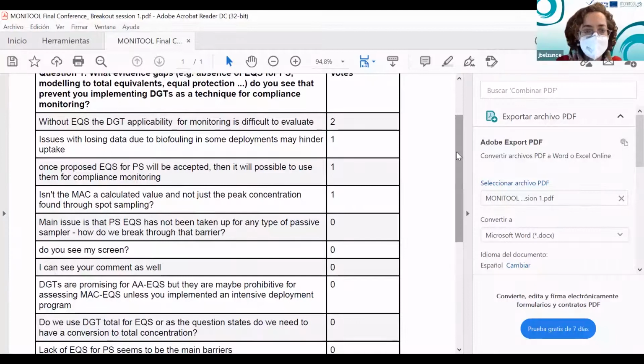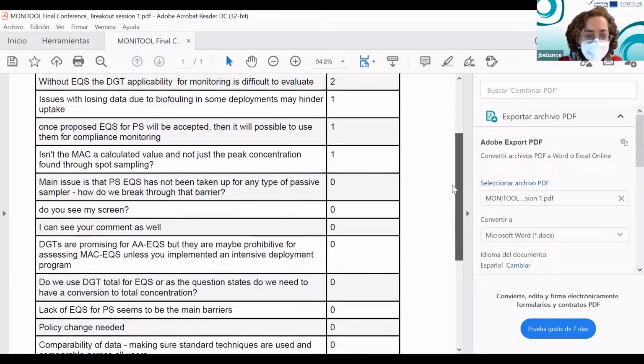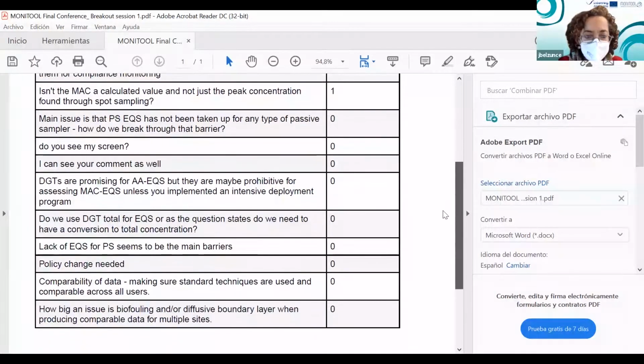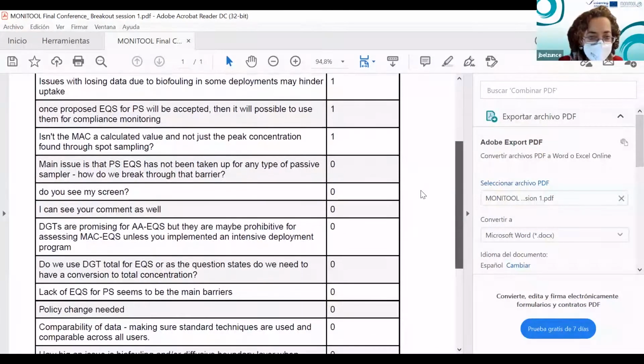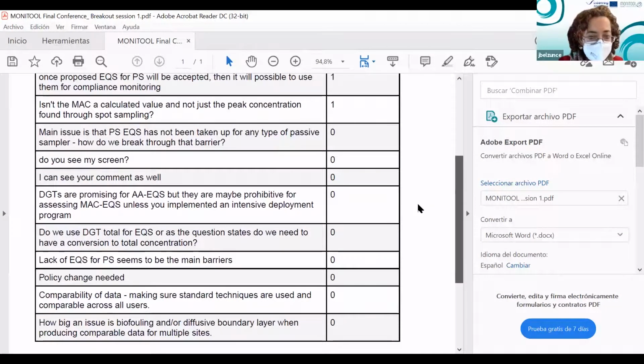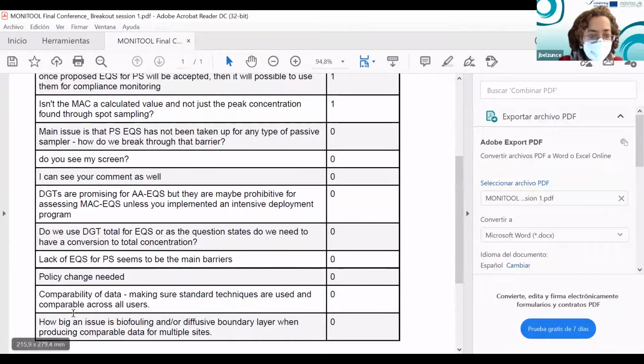The lack of EQSs seems to be the main problem. There are also some comments on biofouling: how big an issue is biofouling or diffusive boundary layer when producing comparable data for multiple sites? This is one of biofouling.